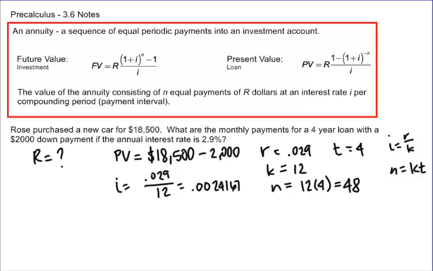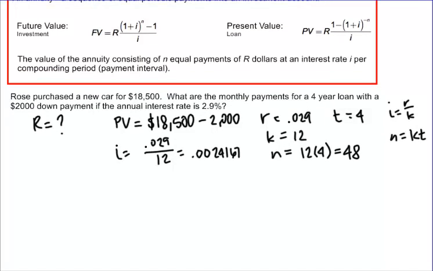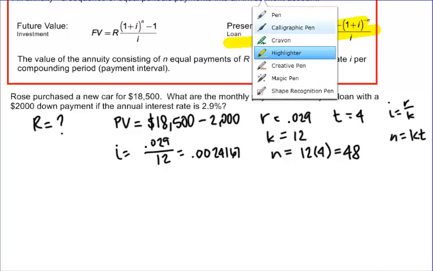So this is going to be my setup for this, and I just fill stuff right back into this equation right up here, and so here we go. This is what it's going to look like.